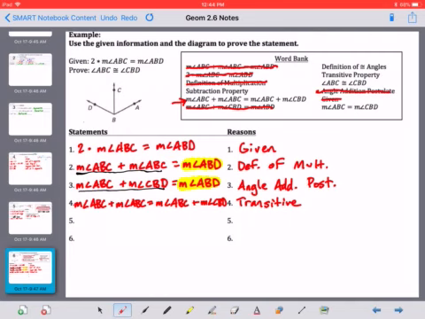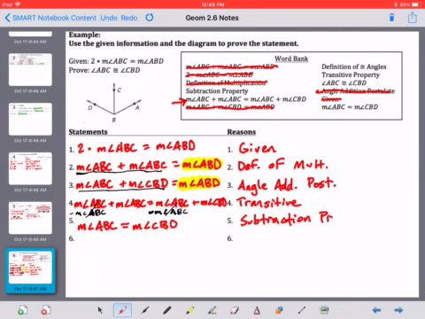All right, notice both of these have ABC. So I'm going to subtract the measure of angle ABC from both sides so that these cancel. And I'm going to end up with the measure of angle ABC is equal to the measure of angle CBD. And that's the subtraction property of equality. All right.